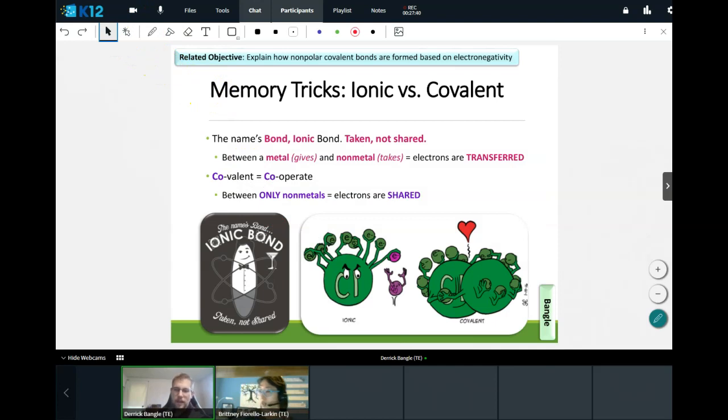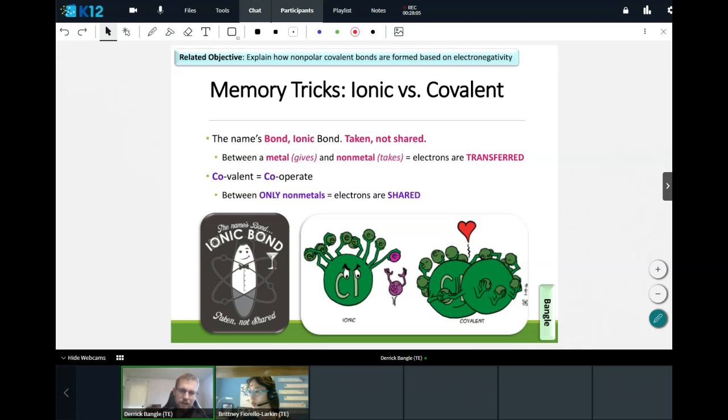All right, so just a couple of fun tricks to remember the difference. When it comes to ionic bonds, if anyone is a James Bond fan out there, then they can remember the slogan, the name's Bond, ionic bond. I take my electrons taken, not shared, as if he wants his drink to be shaken, not stirred.